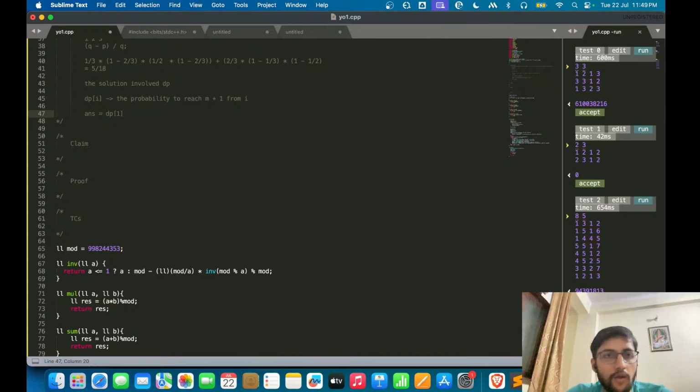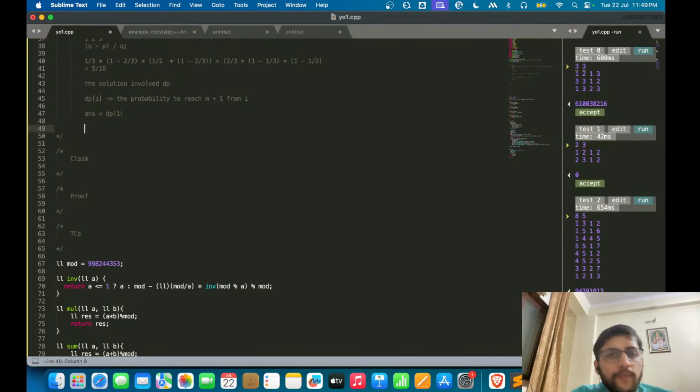Now if you see, on every segment sorted, let's say the segment is u, v, p and q. From u to v, you will incur a probability of p by q.